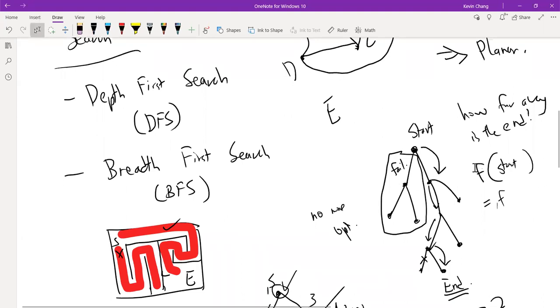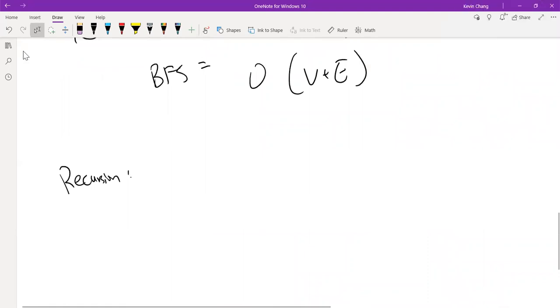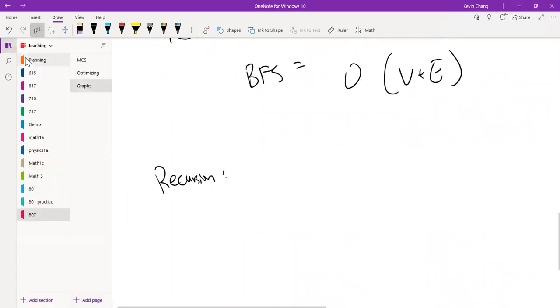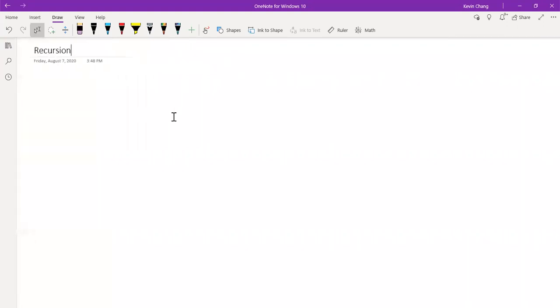And I know it might not be too clear what I mean right here, but I'll talk about recursion a bit more in detail as our next topic. And I believe that'll probably be the last topic I'll talk about for today's class. Recursion. So recursion is essentially a way of classifying states.